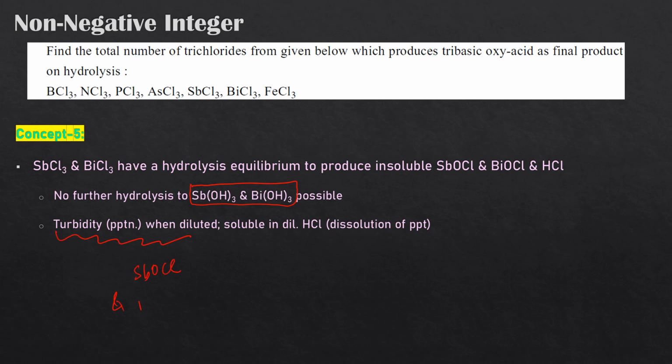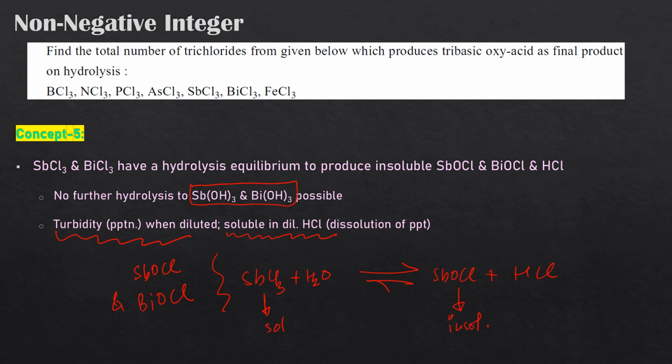So that precipitation of SbOCl and BiOCl makes them soluble in dilute acid, because of that equilibrium which was there, if you are having HCl on the product side and let us say SbOCl over here, you are having say SbCl3 and water. So this compound is soluble in water. This compound is insoluble in water.